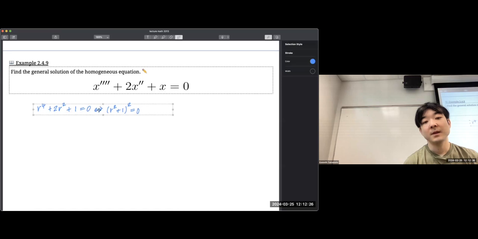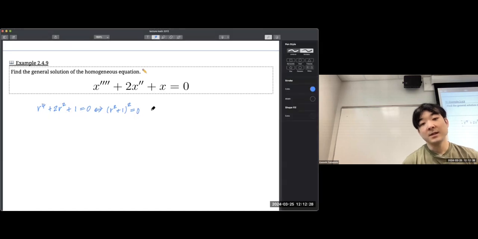And this gives us that the inside of this has to equal 0. So that means r squared has to equal -1, which means that r is equal to plus or minus i.